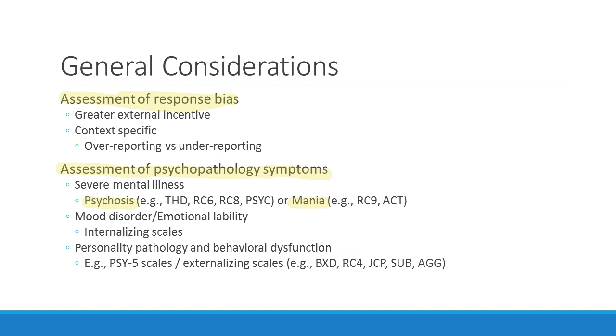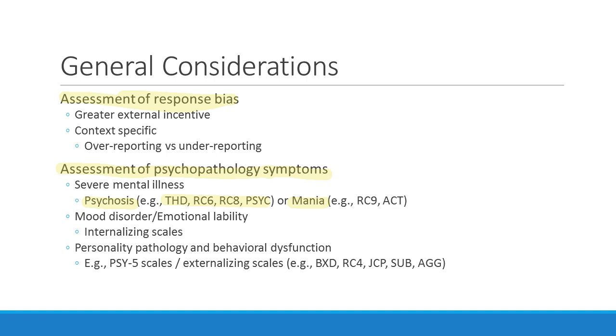Regardless, the MMPI-2-RF, of course, measures these types of constructs. There are 4 scales that target psychotic type symptoms on the MMPI-2-RF. All of them belong to the thought dysfunction domain.